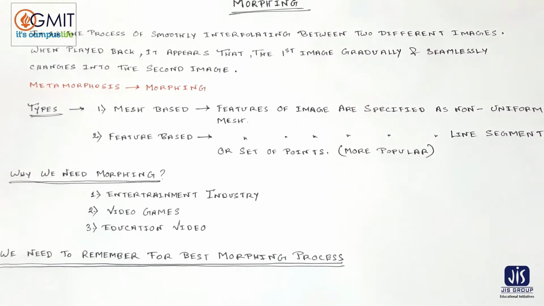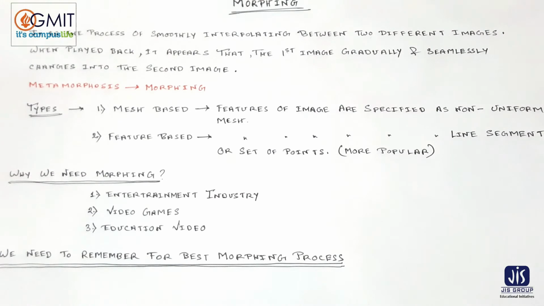We will discuss it in brief in my next lecture series, that is keyframing and tweening. Both are related to each other and very much important for your semester exam, keyframing and tweening. And I will also discuss there what is the difference between morphing and tweening. That's also very important. Morphing versus tweening.